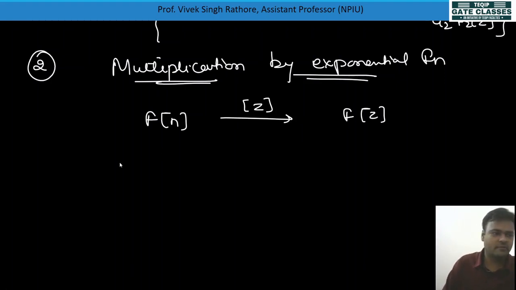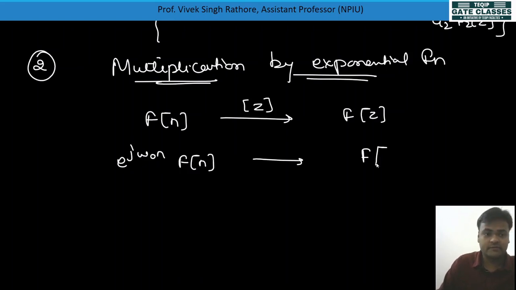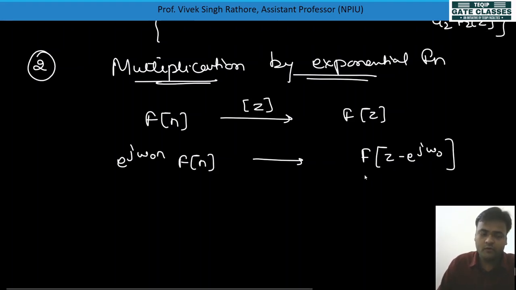Let's suppose we are multiplying e to the power j omega 0 n into f of n. What we'll get? We'll get f of z minus e to the power j omega 0, no, we won't get it like this. You should not think like this, as we are only multiplying by an exponential function.